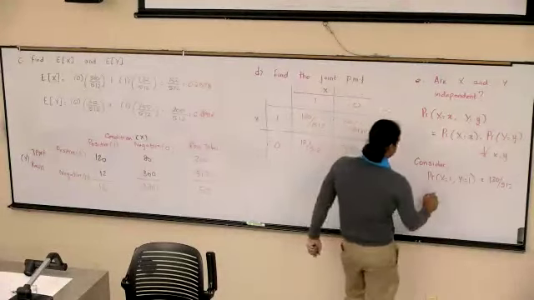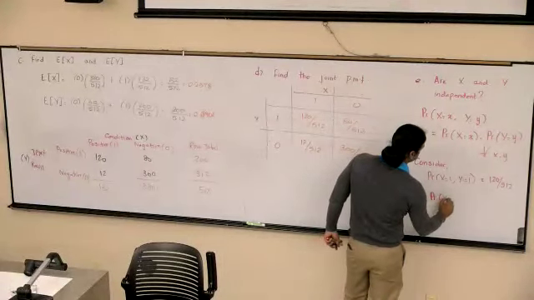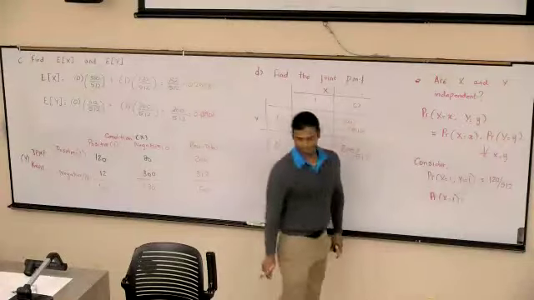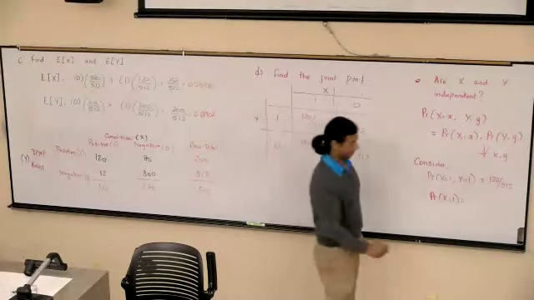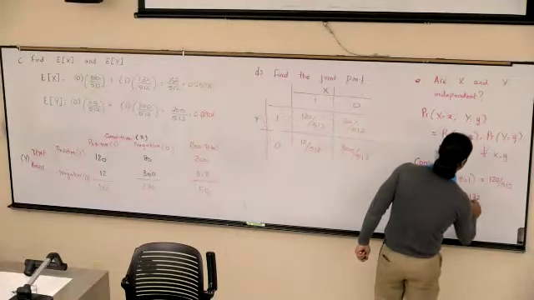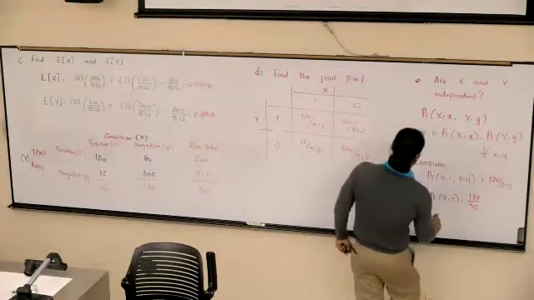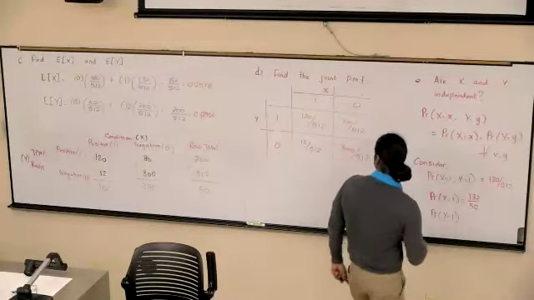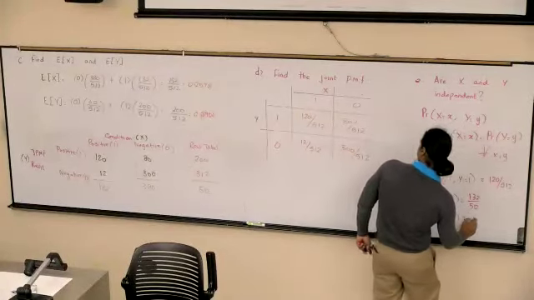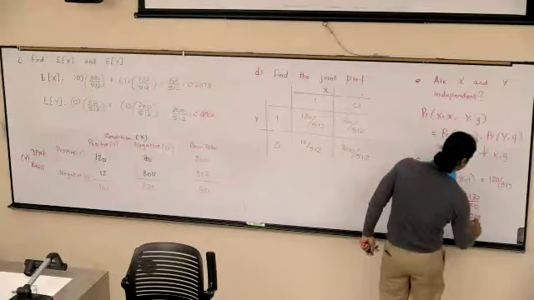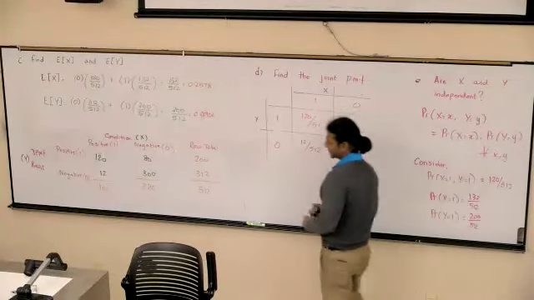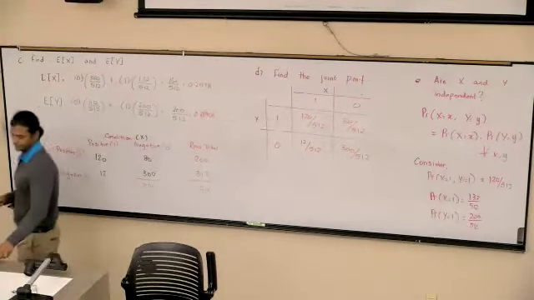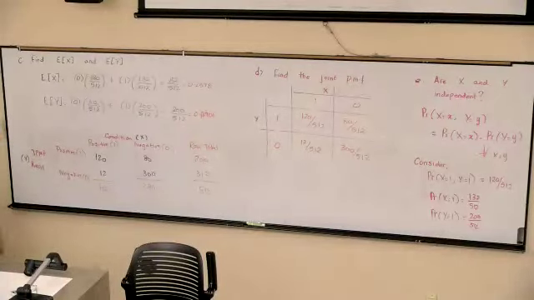What is the probability of X equals 1? 132 over 512. Probability of Y equals 1? 200 over 512. If you multiply those two, would that equal 120 over 512? No.